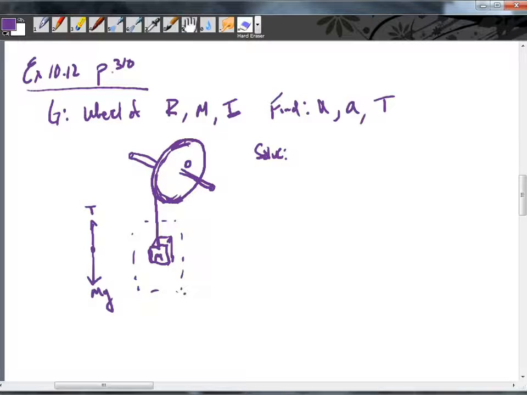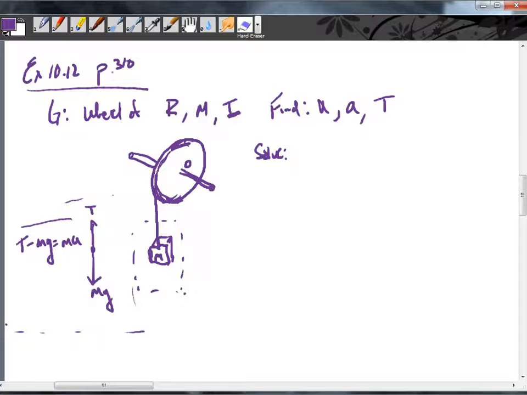They are not necessarily equal, but we know that T minus mg equals ma. We'll put this aside for right now, because we know that's going to come back to bite us in the future.